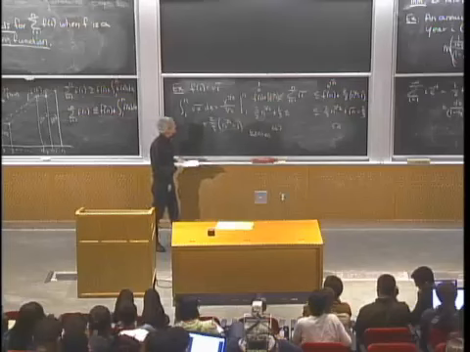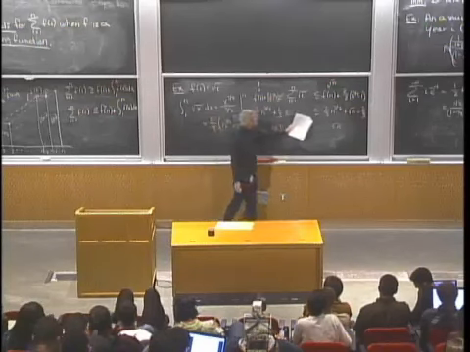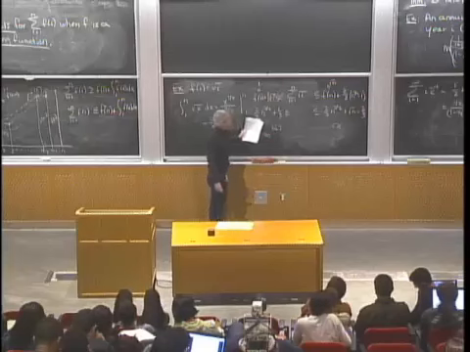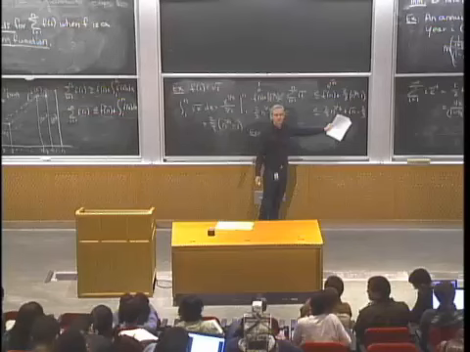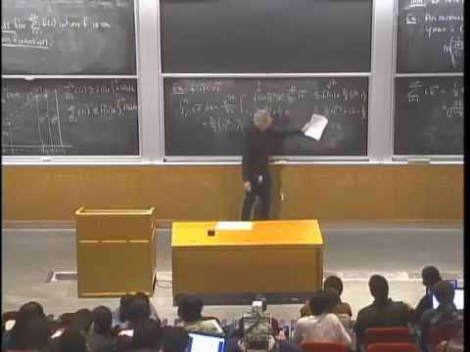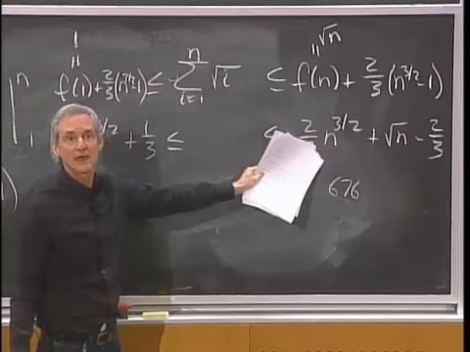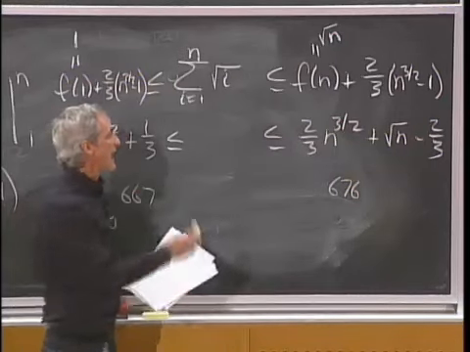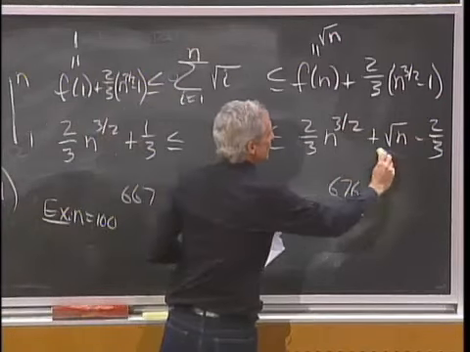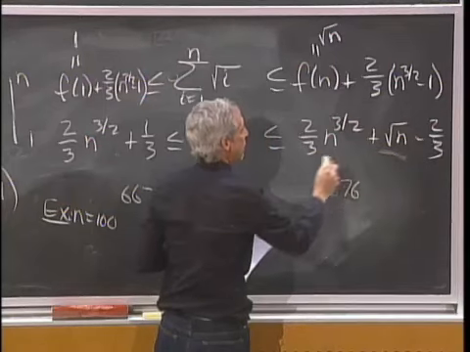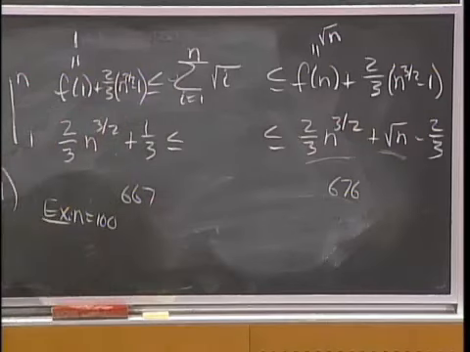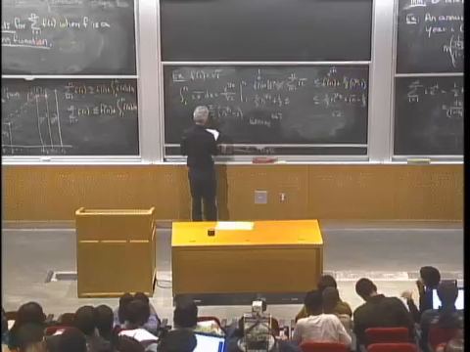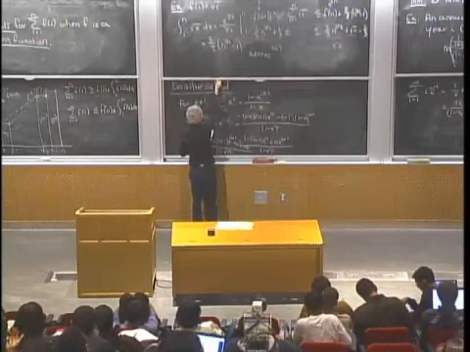But somehow, this is still pretty good, because the gap only grows as square root of n, where the bounds are growing as n to the 3 halves. In other words, my error is somewhere around here, and that gets smaller compared to my answer, which is somewhere around there. And there's a special notation that people use. In fact, let's write that down and then do the notation.